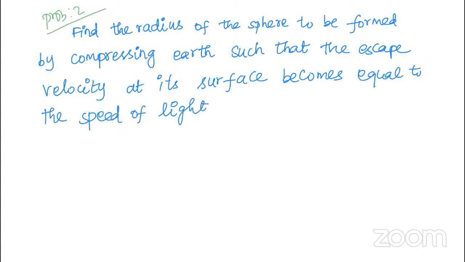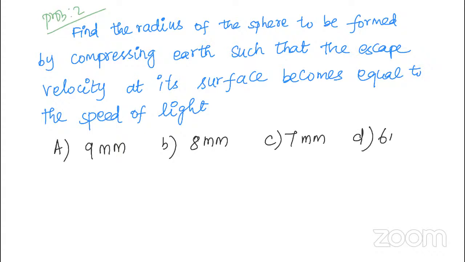So now they are given the options. A is 9 millimeter, B is 8 millimeter, C is 7 millimeter, and D is 6 millimeter. In that problem, they are given one clue: the escape velocity at the surface becomes equal to the speed of light.